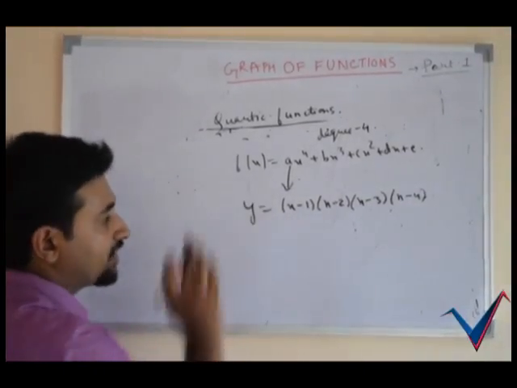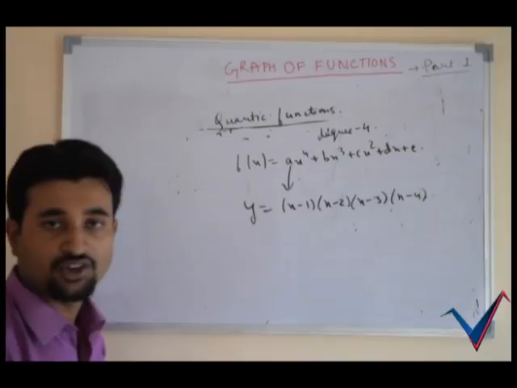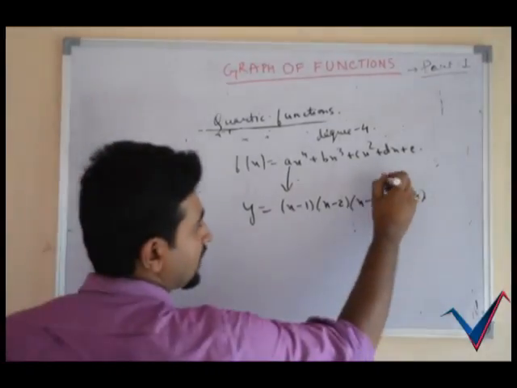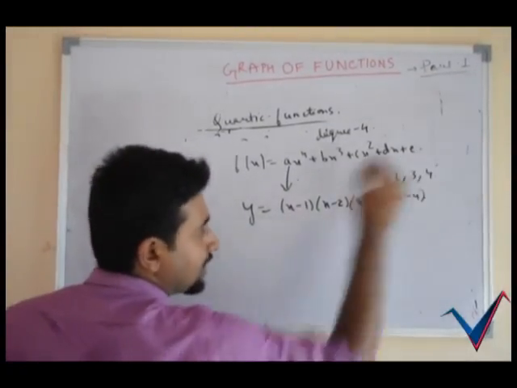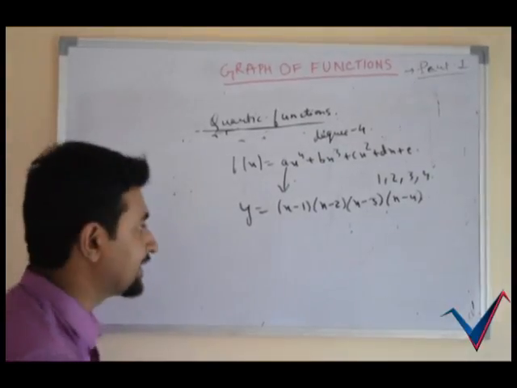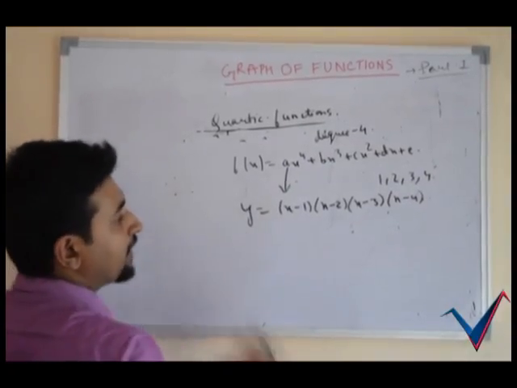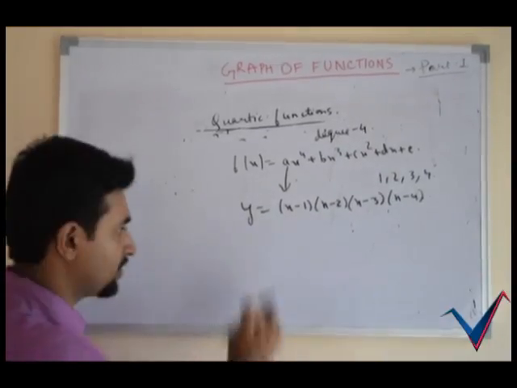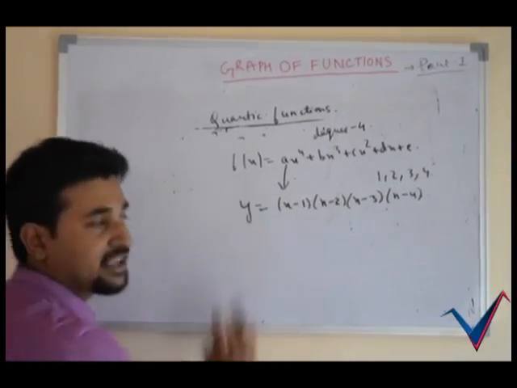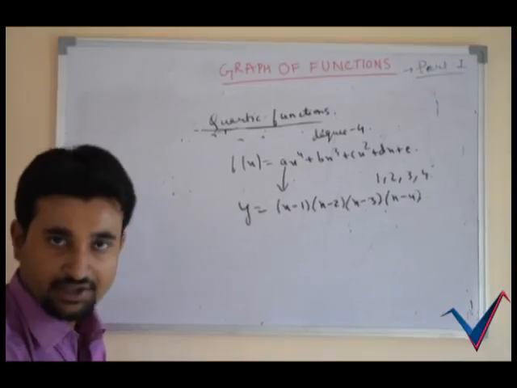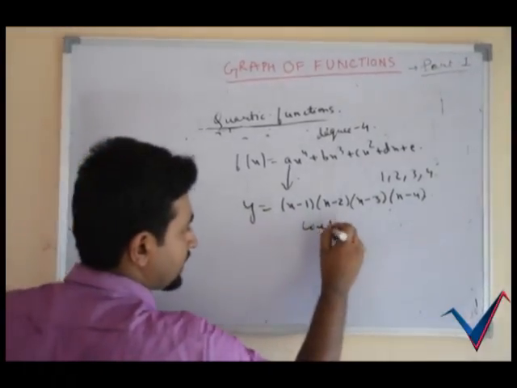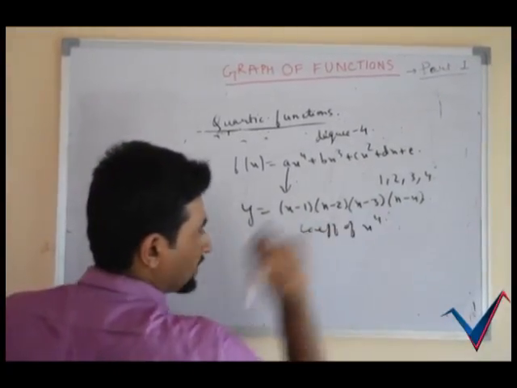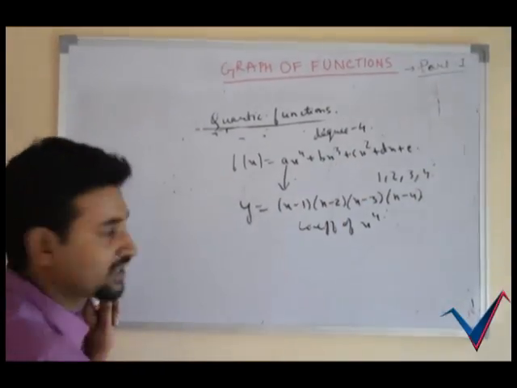What are the roots here? When you equate the whole function to 0, you will get roots as 1, 2, 3 and 4. When you multiply all the terms, the coefficient of x^4 will be positive because in each bracket, x has a positive coefficient. You can check it by yourself.